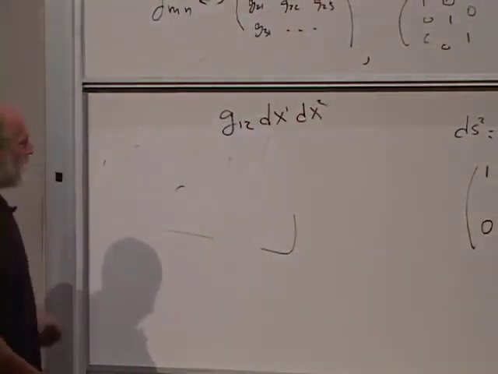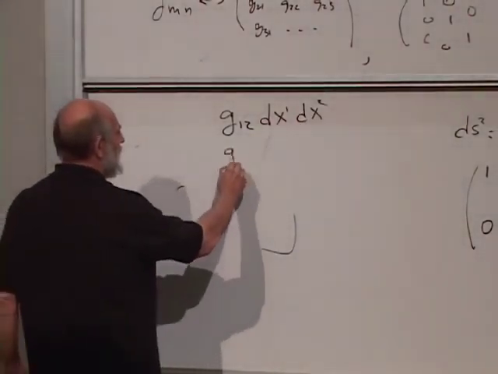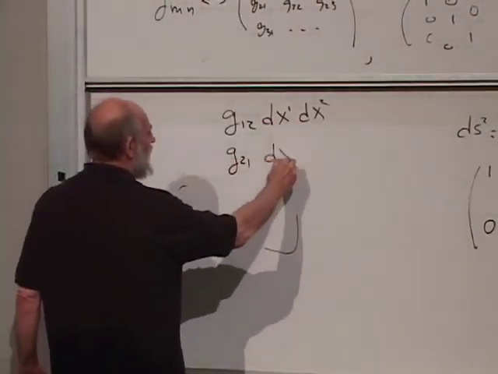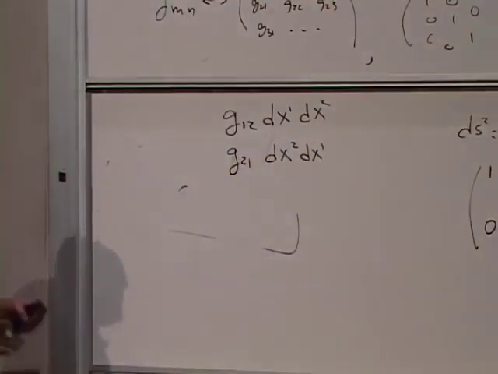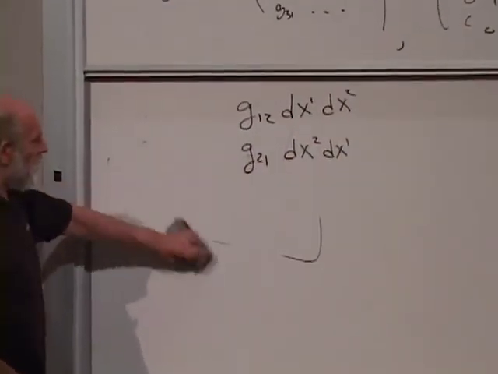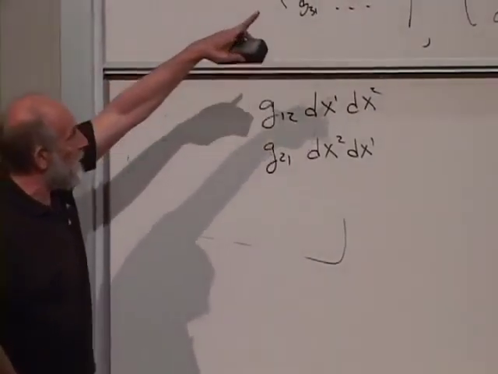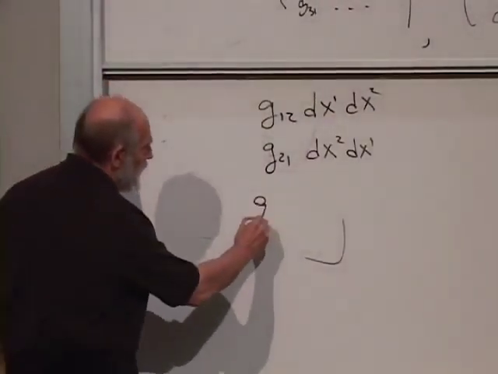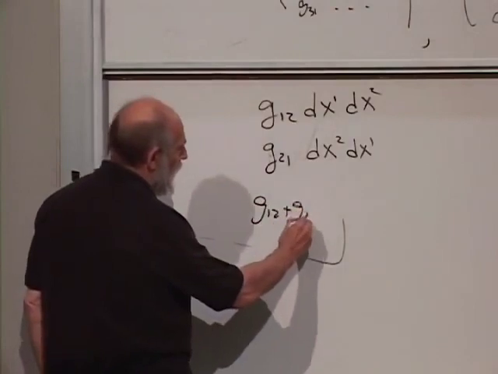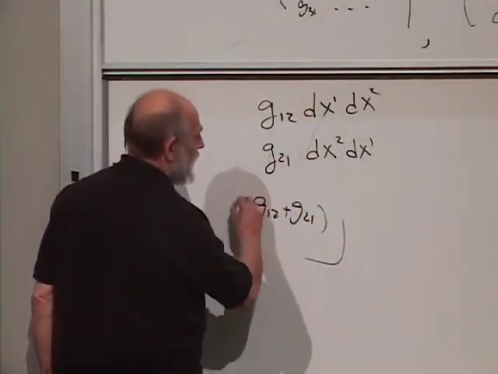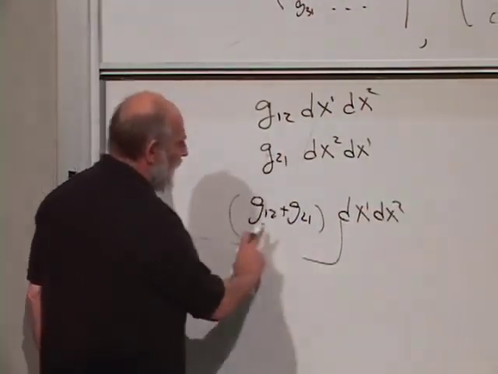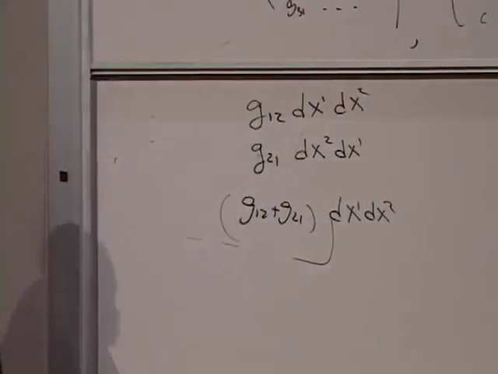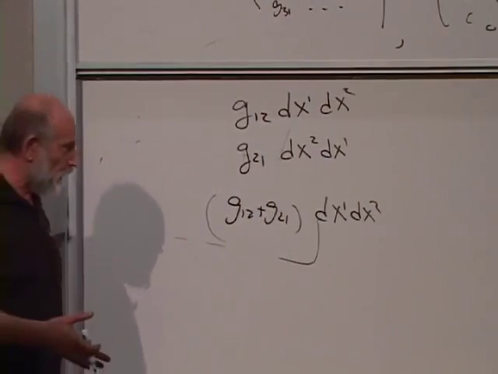What does G21 multiply? It multiplies dx2 dx1. But really, what that means is that the only thing that comes in when you calculate ds squared is G12 plus G21 times dx1 dx2. Only the combination G12 plus G21 enters into anything.